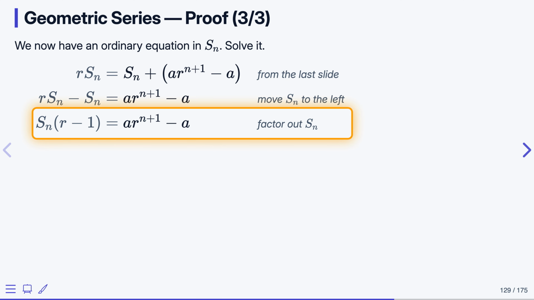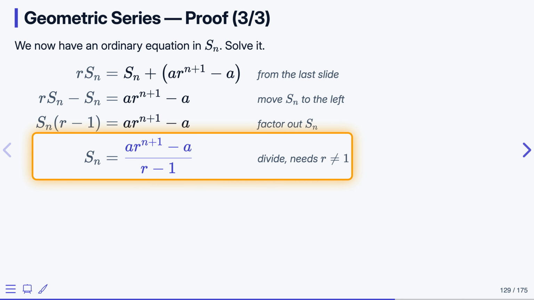Step 2. Factor S sub n out of the left side. That gives S sub n times the quantity r minus 1. Step 3. Divide both sides by r minus 1. So S sub n equals a r to the n plus 1 minus a, all over r minus 1.